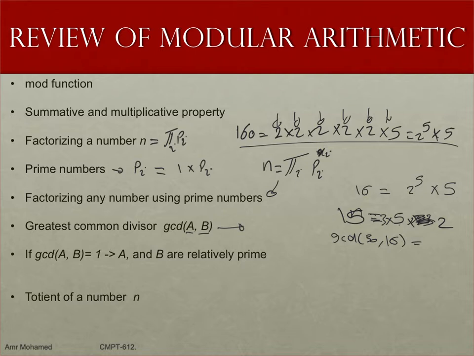So what is common between the two? The 2 here and the 5. So 2 times 5 is 10. So you find the common divisors between the two numbers, and the greatest common divisor is the product of these. We have 2 and we have 5, so it's 2 times 5, which is 10.